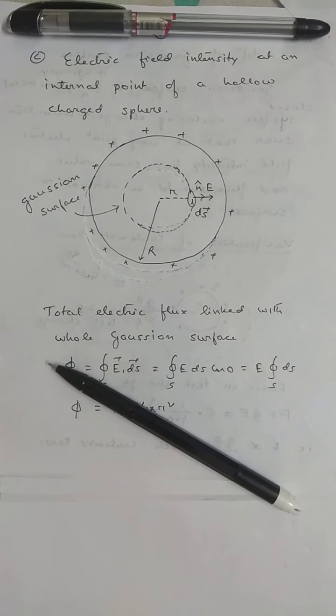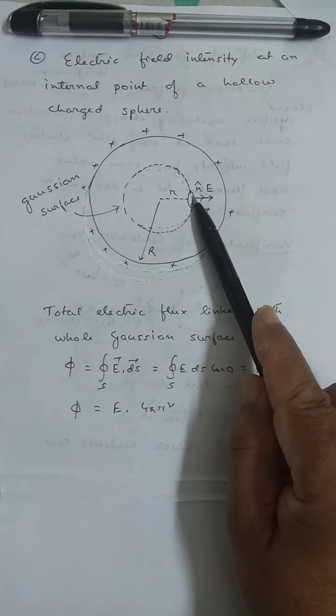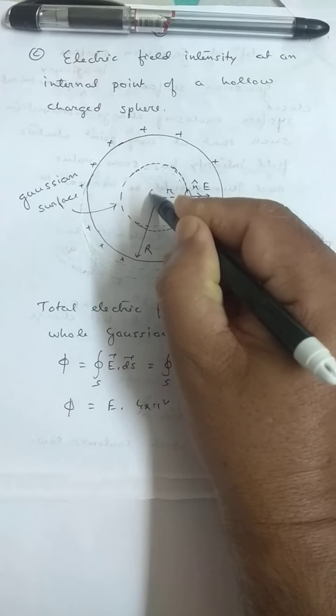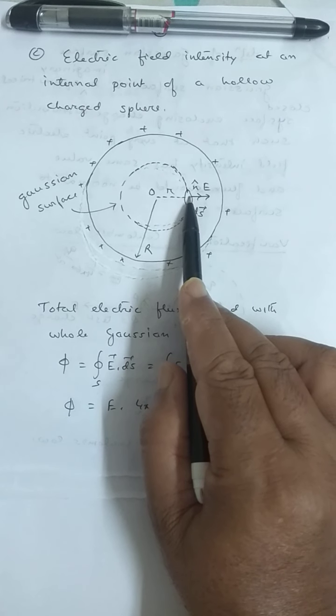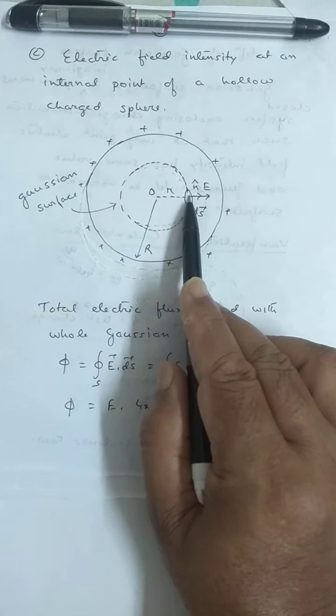electric field intensity at an internal point of the hollow charged spherical body. This is the internal point which is at a distance r from the center of the hollow charged body. This is the point where we want to find out electric field intensity, and this is an internal point.